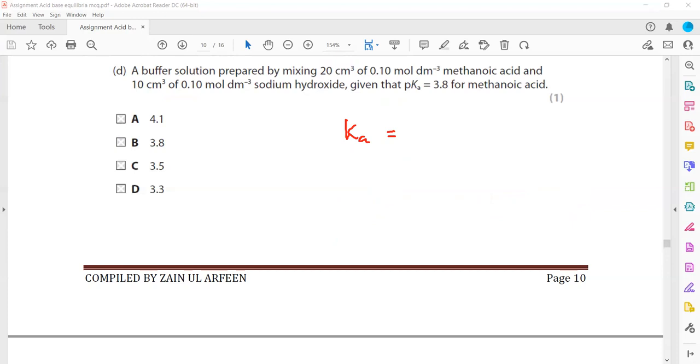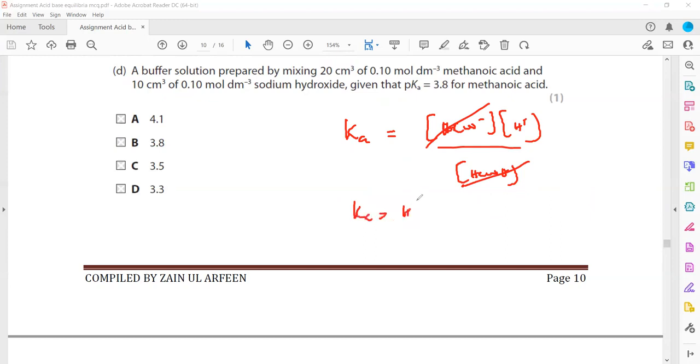The dissociation constant is the concentration of the products, which in this case are HCO and H, divided by the concentration of HCOH. Because these are the same concentration, they cancel out each other. So we can say Ka is equal to H, or we can also say pKa is equal to pH.